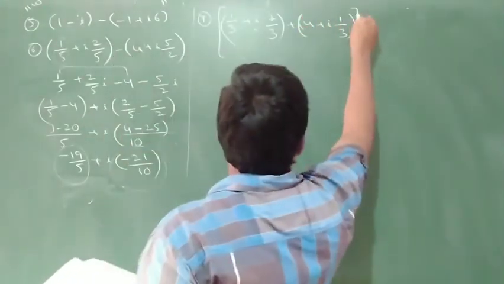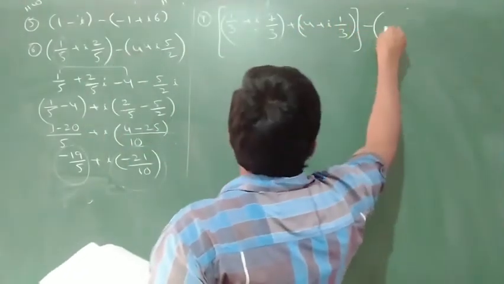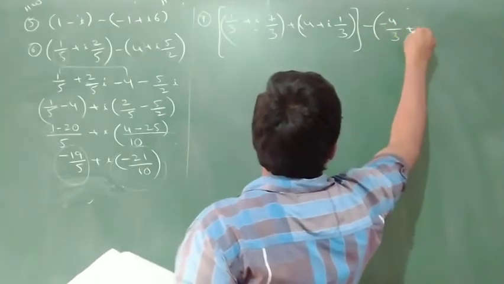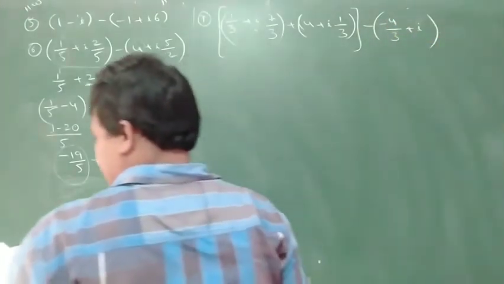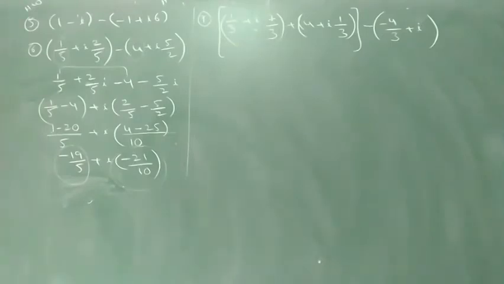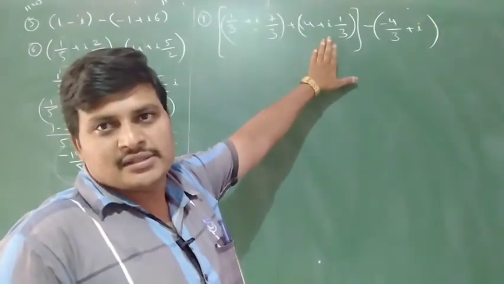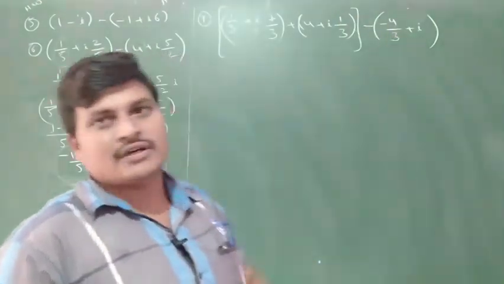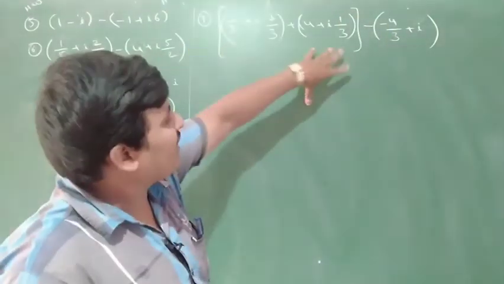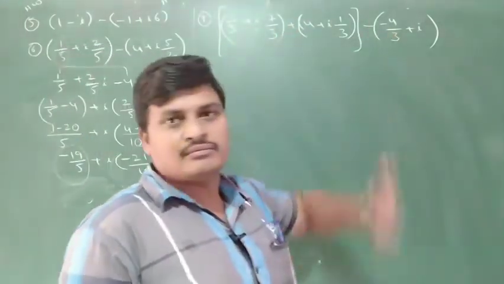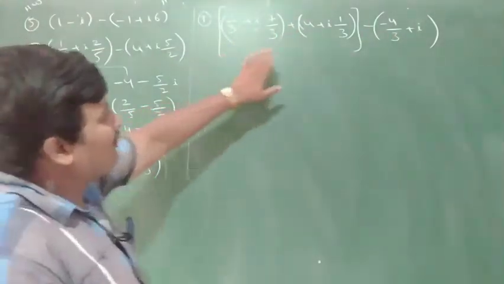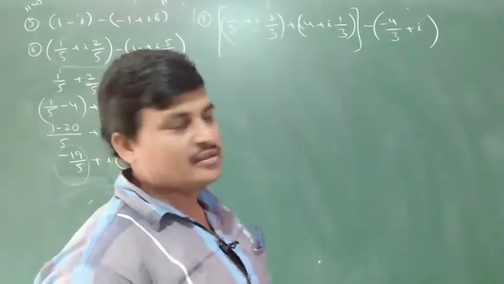Close the big bracket, minus 4 by 3 plus i. First we have to calculate the first two small brackets, and next this one, because this is one term, this is the second term.